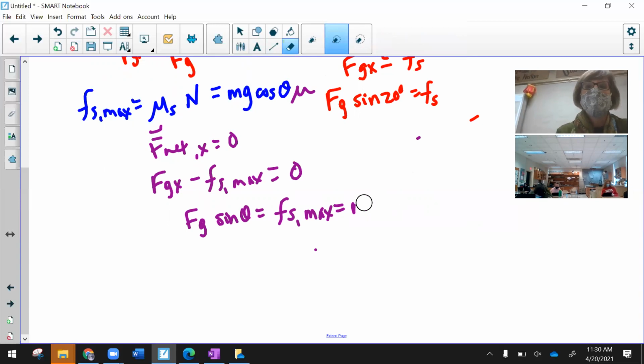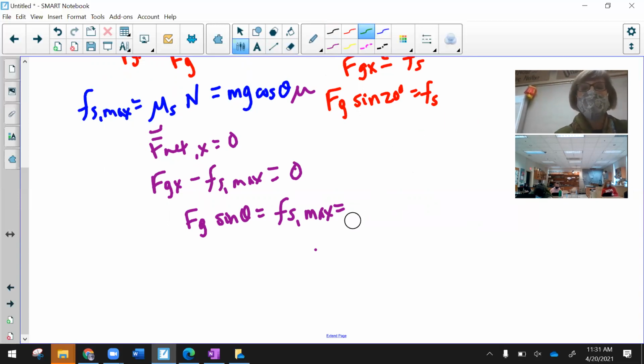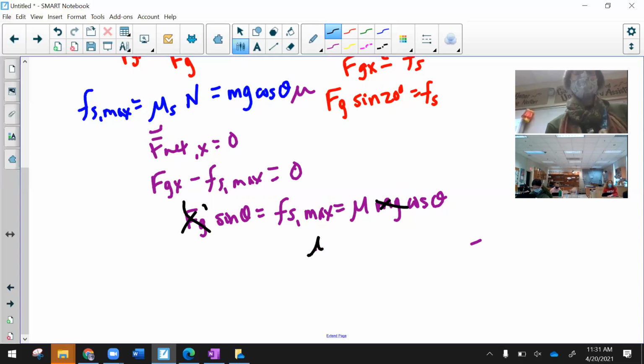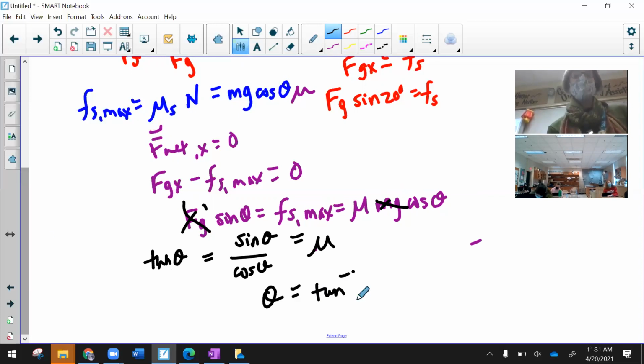Thanks. So that's going to be mu mg cosine theta. So my Fg and my mg's are the same thing. And so basically I get mu is sine theta over cosine theta, or tangent theta. So theta is equal to the inverse tangent of mu.